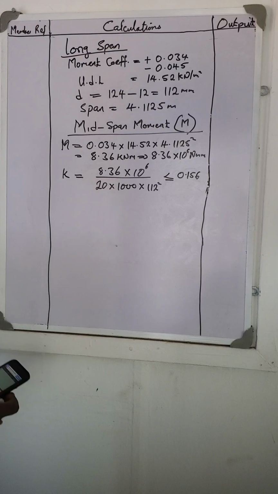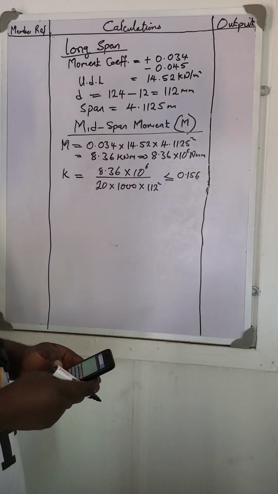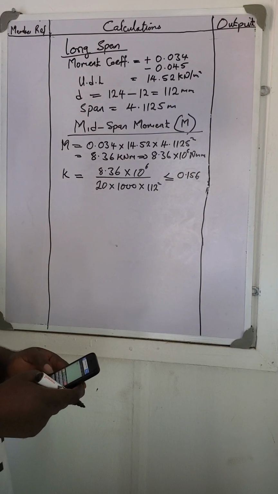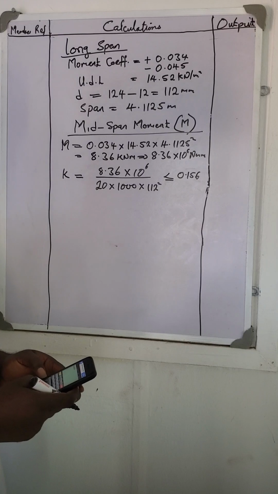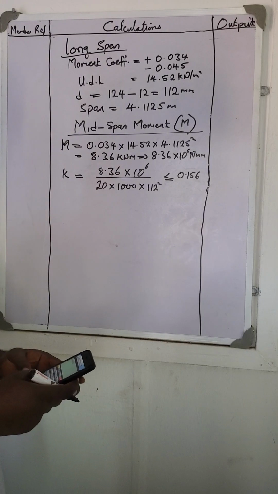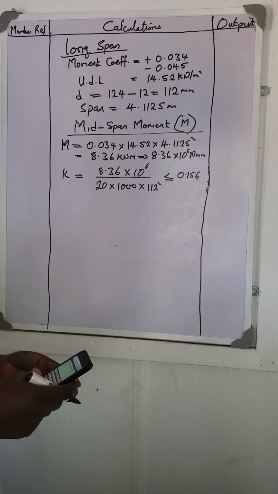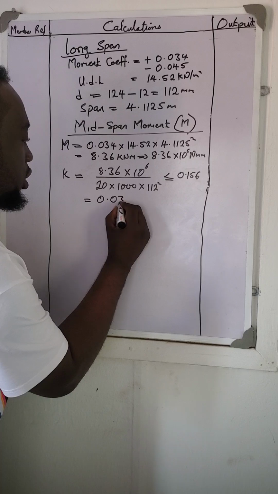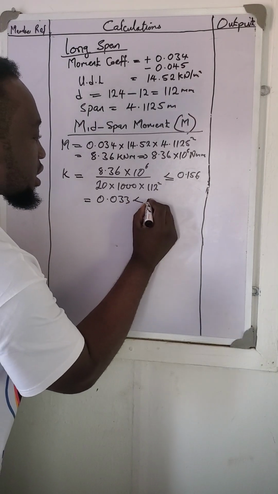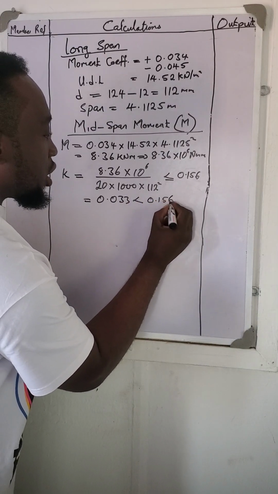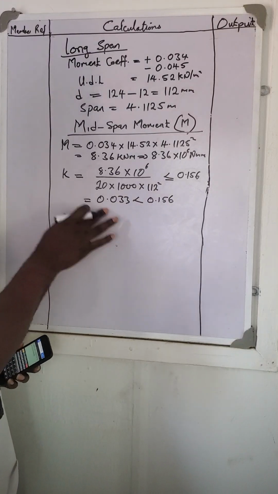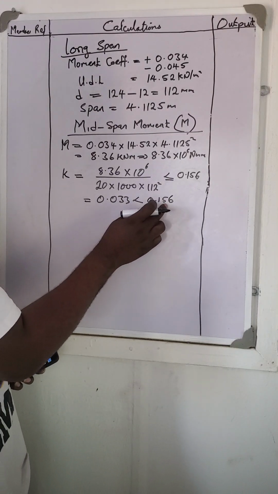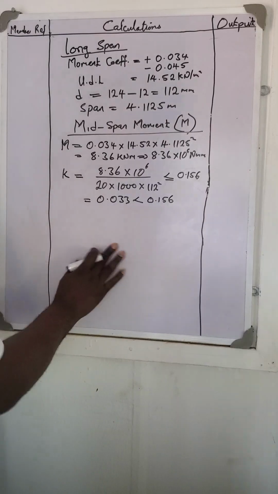When you compute that, 8.36 times 10 to the 6 divided by 20 multiplied by 1000 multiplied by 112 squared, this gives me 0.033. You see, this is less than 0.156. We use the lesser value. Assuming K gave us a value bigger than this, we would use this value.